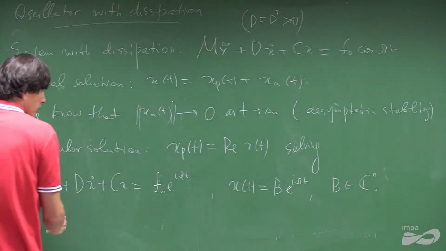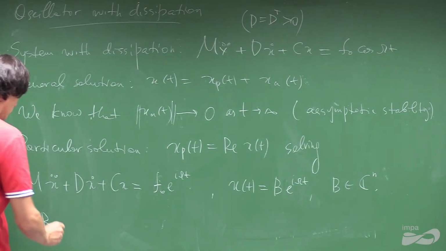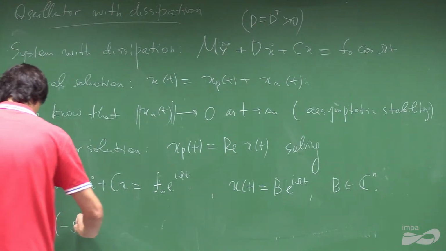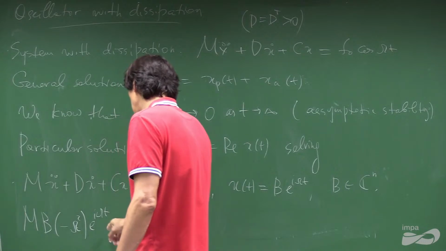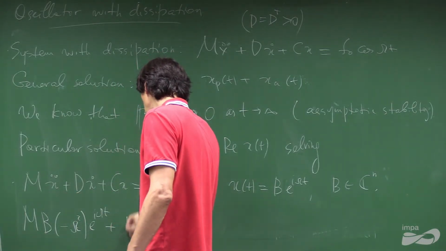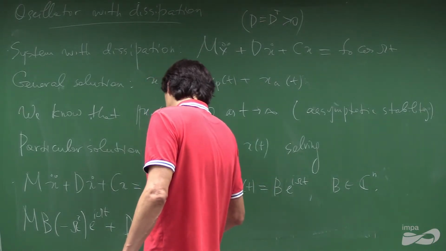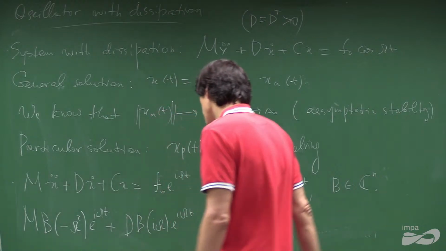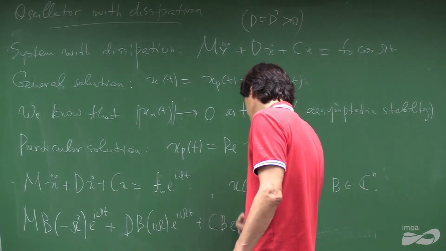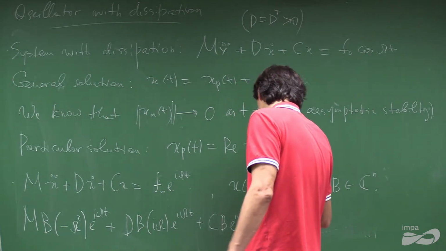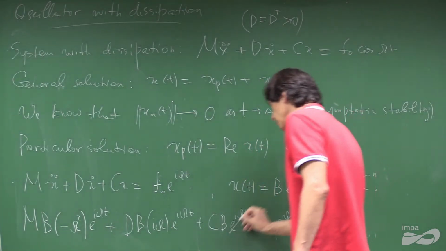So what do you get? m b double dot gives you minus omega squared exponent i omega t, first term, plus d b i omega exponent i omega t, plus this term, equal to that. Now we cancel all exponents.